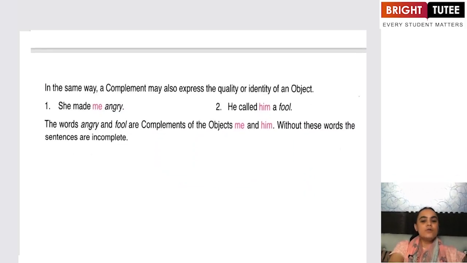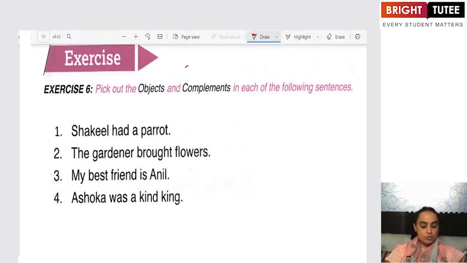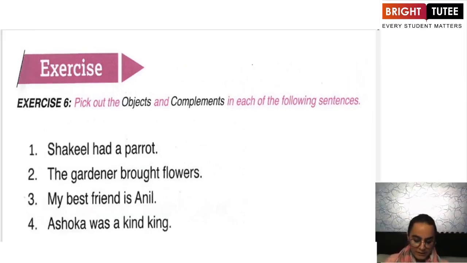And now we are going to do exercises based on this. Pick out the objects and the complements in each of these sentences. You are given 15 sentences and you have to identify the complements and the objects in these sentences. Let us start. The first sentence, Shakil had a parrot.